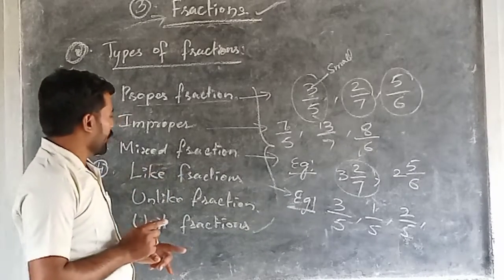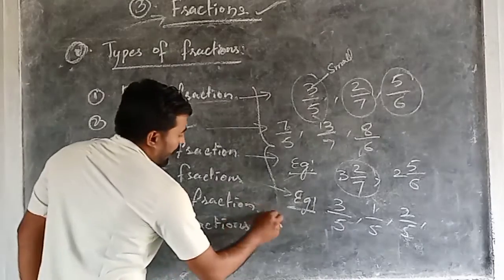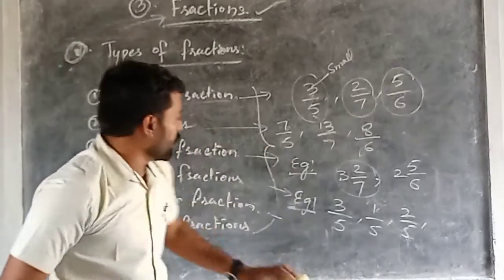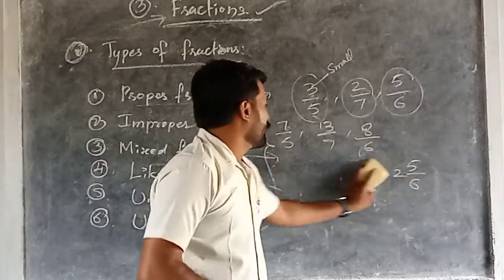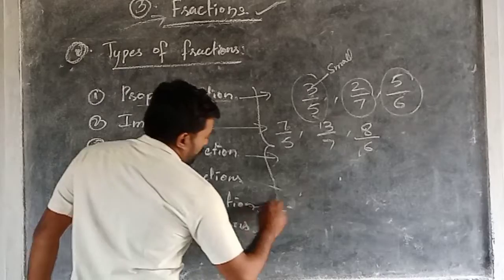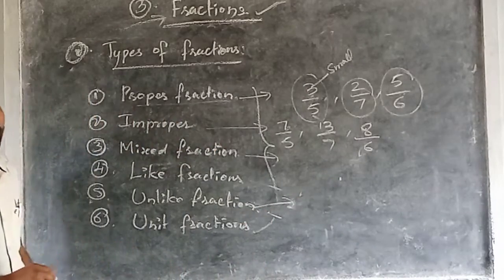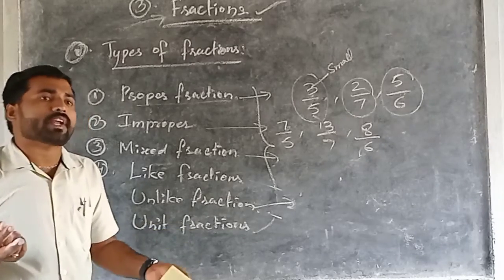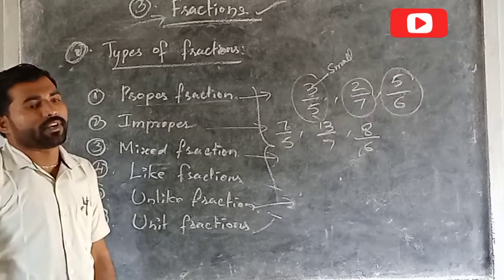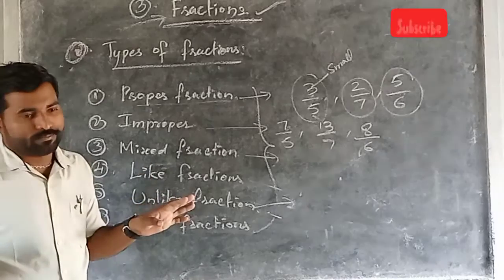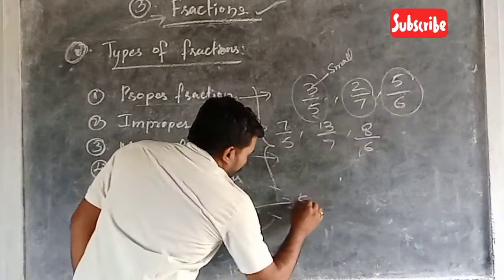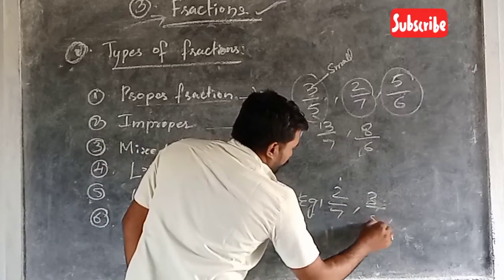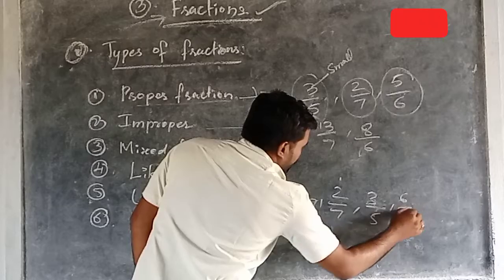Yes, sir. Okay, now let us discuss the unlike fractions. Here, in these fractions, the numerators are different and the denominators are also different. I am writing examples. Suppose 2 by 7, 3 by 5, 6 by 8.